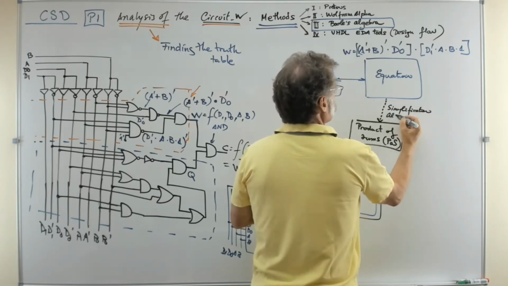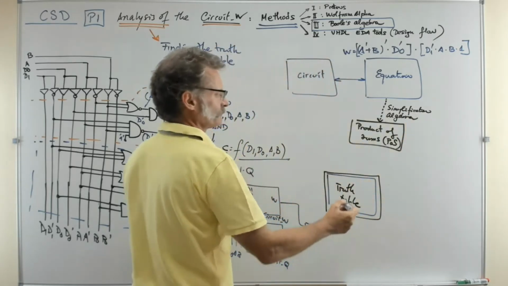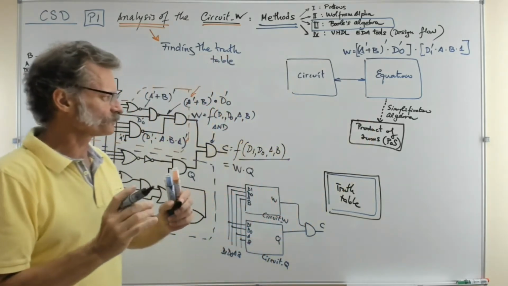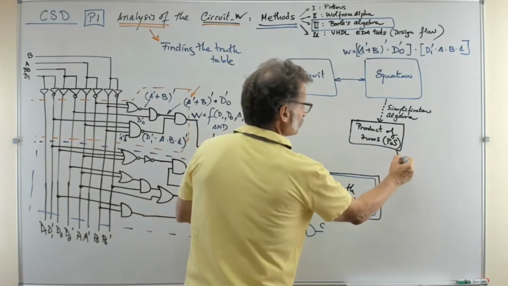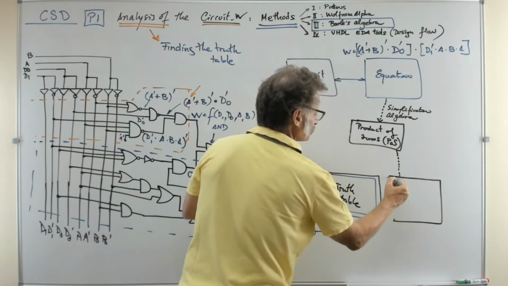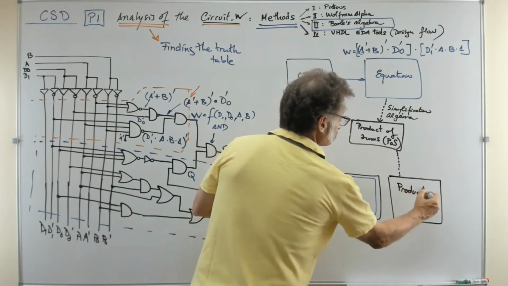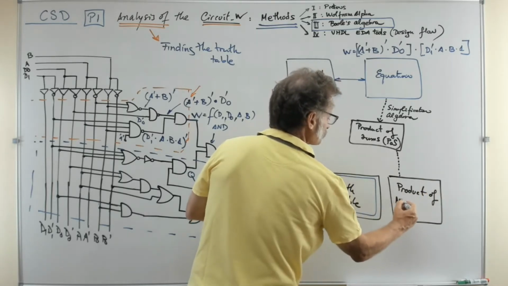And then, if we have this concept, which is very powerful, we can continue transforming this product of sums into another product, but this time instead of a product of sums it's going to be a product of maxterms.